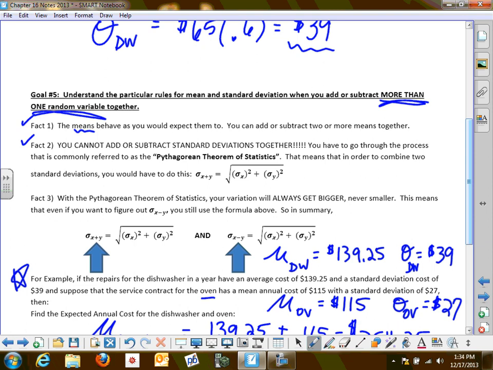Okay? So there's a lot of upper level math that is involved in coming up with the way that they combine together. But in summary, a quick way to understand that has to do with the Pythagorean theorem of statistics.